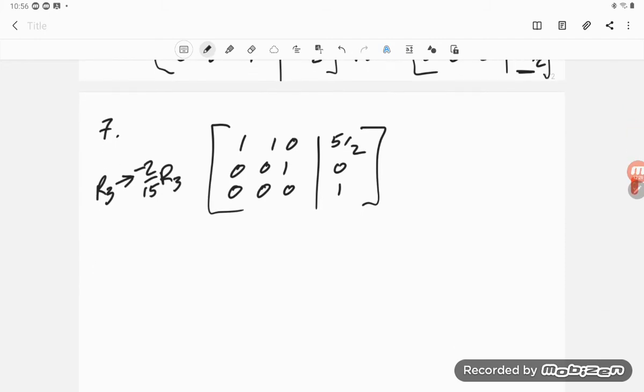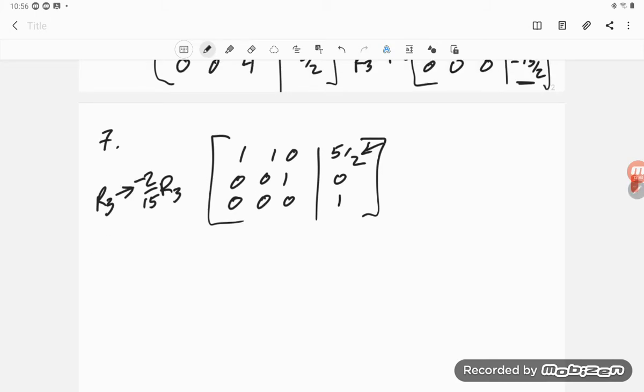Okay, so I have that. And again, this thing's inconsistent and so forth, but I can still keep going. And finally, I need to zero out that top thing, and so to do that, I'm going to replace row 1 with row 1 minus 5 halves row 2.